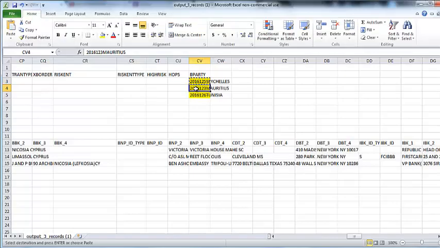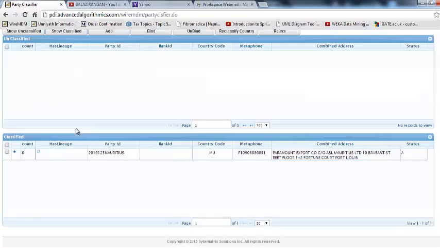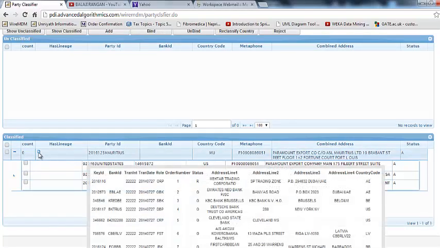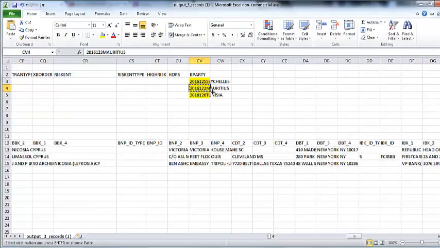Likewise, we take this record in Mauritius. This was the record that we are interested in. This got unified to this other record which came in earlier, and there are 2 other instances of Paramount Export, which is in the United States, which has got its own different party ID.